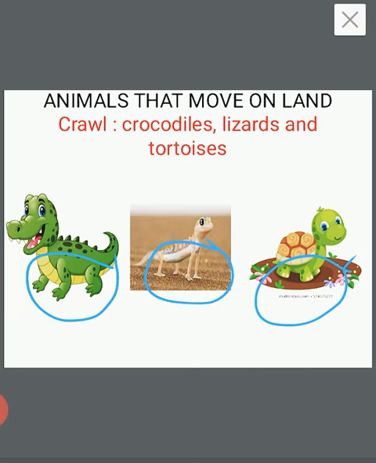Since they have very short legs, they are not able to run properly, or I would say they are not able to walk properly. That is why they move by crawling. If somebody asks you which animals crawl, your answer should be crocodiles, lizards and tortoises are those animals which crawl. Fine.